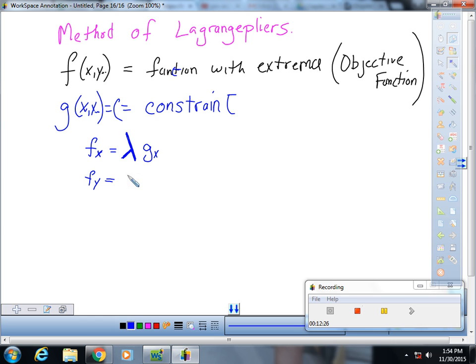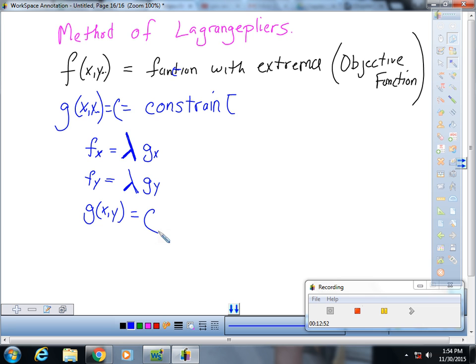F sub y is equal to that same lambda times g sub y. Sorry. We are multiplying our constraint function by the lambda. And then you have your original equation, g of x comma y equals c. And what that's going to eventually do is give us the same amount of variables as we have equations. Okay?